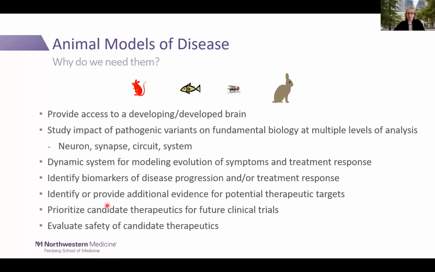We can hopefully identify and provide additional evidence for therapeutic targets. And we can help prioritize novel candidate drugs for future clinical trials. If there are 5 analogs in development, the animal models can help pick which one to move forward. And importantly, we can also help evaluate safety.